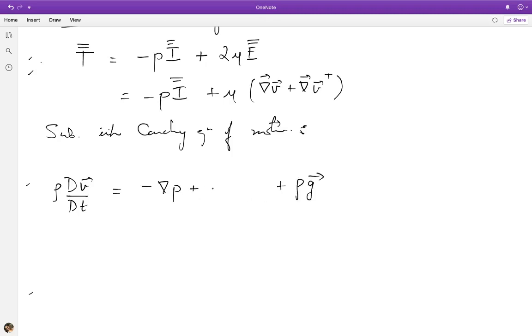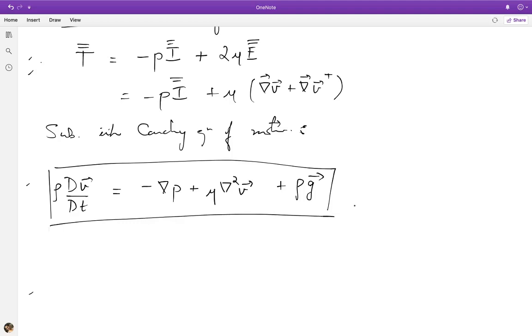But now we have the additional term associated with the divergence of the viscosity times grad V plus grad V transpose, which can be shown to be just the Laplacian, del square of the velocity. So this gives us our famed Navier-Stokes equations.